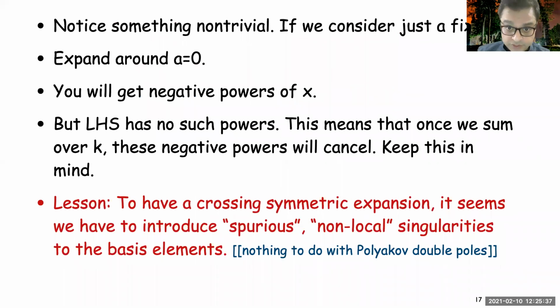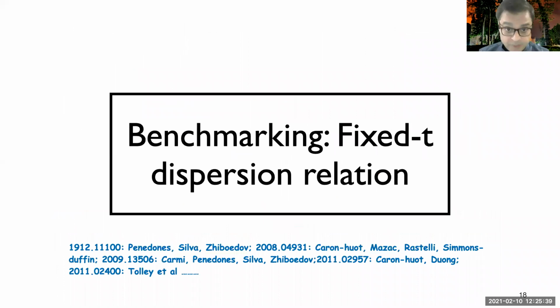So before I go to deriving, let me benchmark using the results of the fixed T dispersion relation. And there's been a lot of work. Joao, Sasha, Simon, Dalimil, Leonardo, David, a lot of people have contributed.